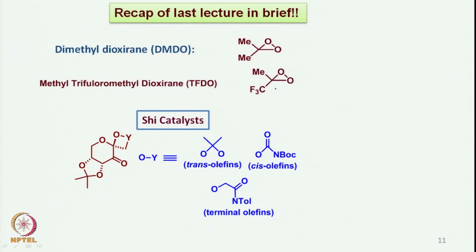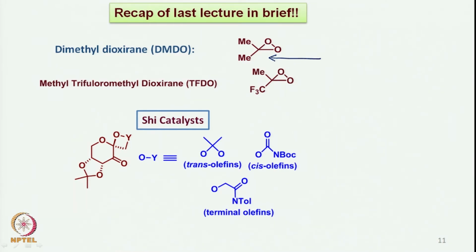So, the first one and the most popular dioxirane is dimethyl dioxirane whose structure is this, and I mentioned last time that one can take different ketones and one can prepare the corresponding dioxiranes, particularly in situ, that means inside the reaction, and carry out the epoxidation of olefins.